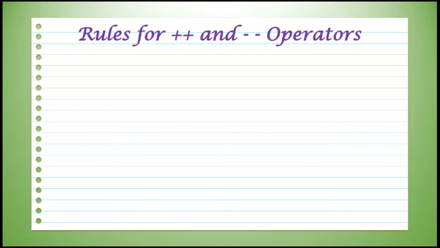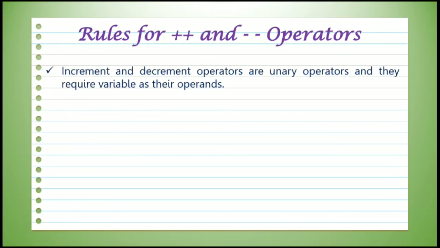Now we will see rules for increment and decrement operators. Increment and decrement operators are unary operators and they require a variable as their operand.